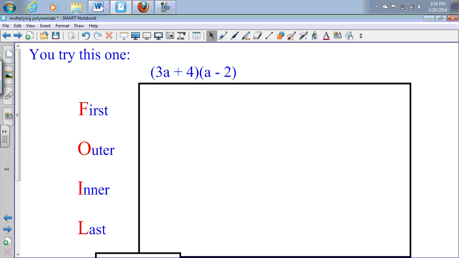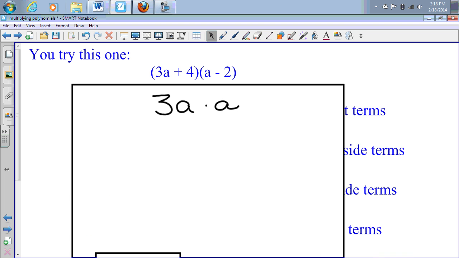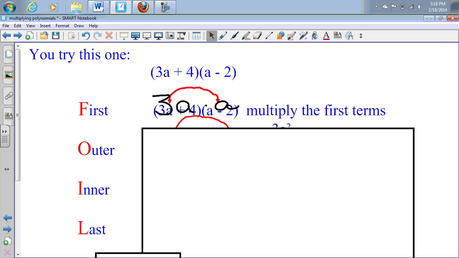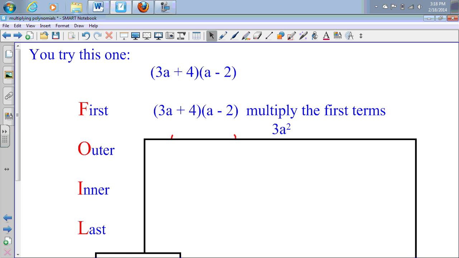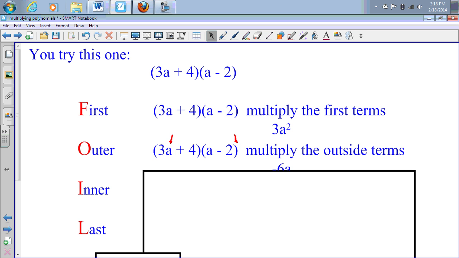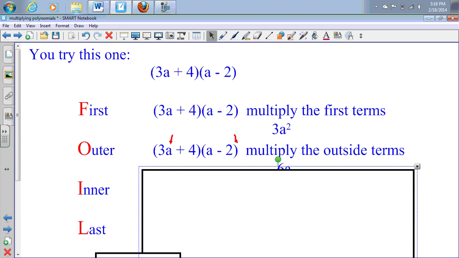You try this one. Our first terms, 3a times a. Multiply the first terms, we get 3a squared. Outer terms, multiply the outside terms.